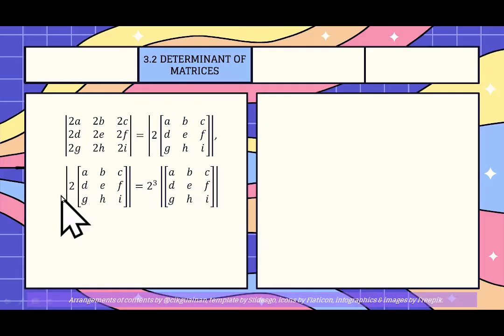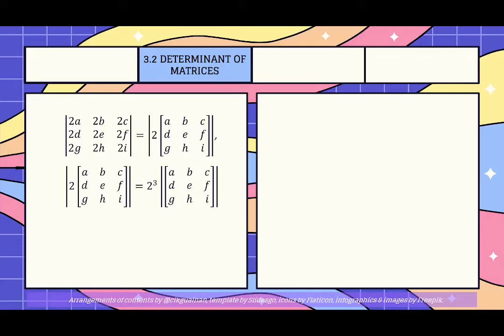Over here we can see that we are trying to factor out the 2 out of the determinant symbol. Now, you can see over here it's 2 to the power 3. Why is the power 3? Because the matrix that we factor is a 3 by 3 matrix.